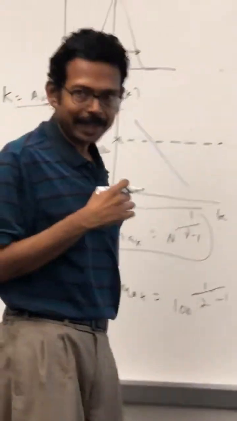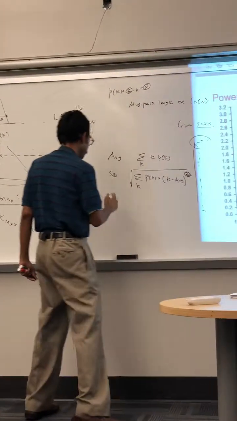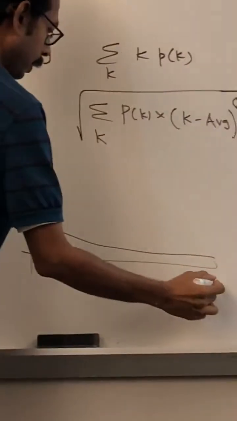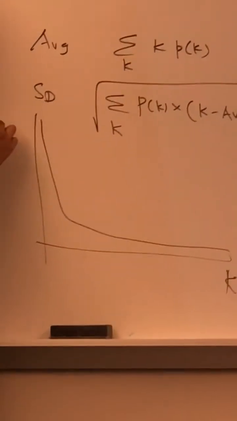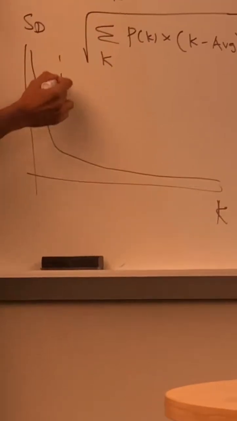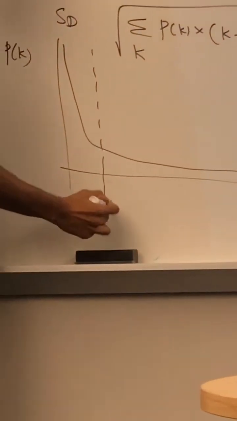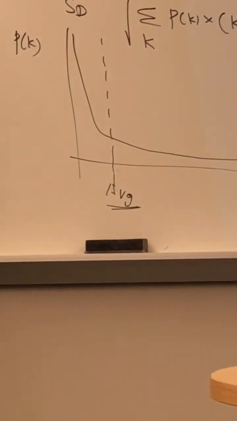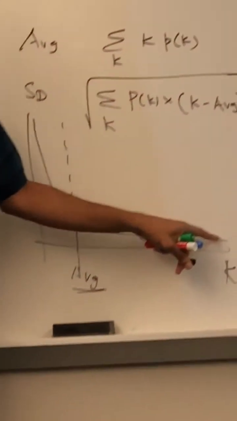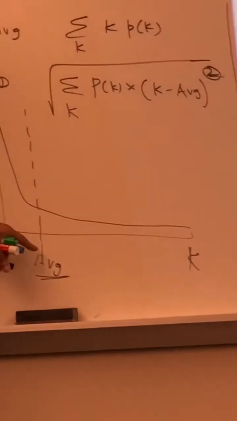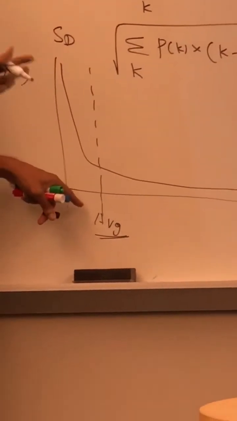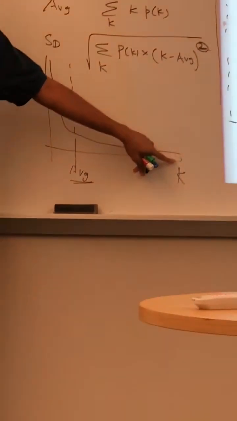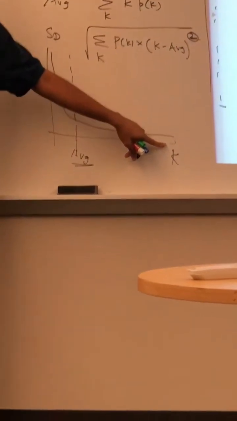Whereas for a scale-free network that exhibits this power law pattern like this, for K versus P of K, the average degree might turn out to be something like this. So this is the average degree, okay? Whereas you see here, even though the average is a very small value, like we saw 1.5, 2.5 and so on, there could still exist a node with a very large degree, say 200 and so on, right?